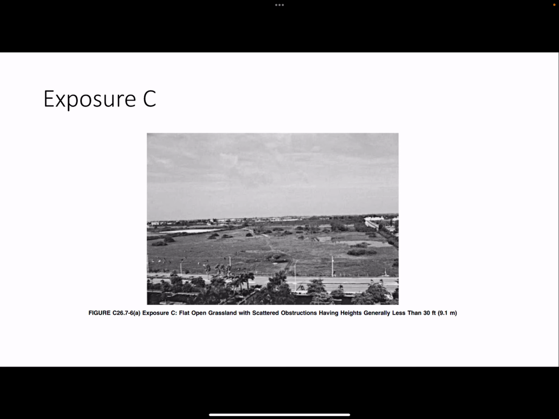The authority having jurisdiction would just have to approve that, so you just have to submit your case for approval. Something like exposure category probably isn't worth your time and effort to argue over. So it would just be easy to use exposure C.